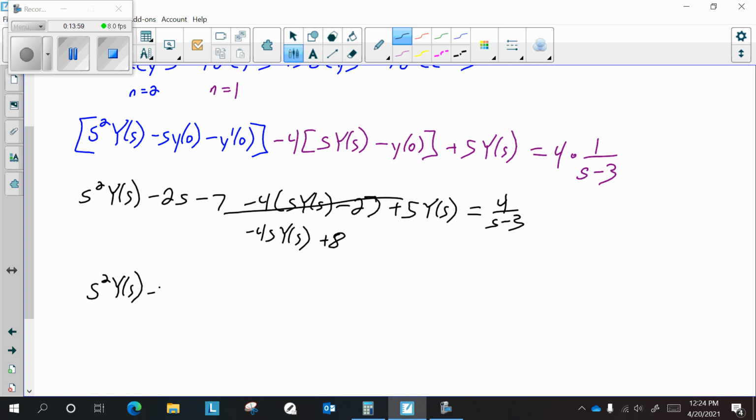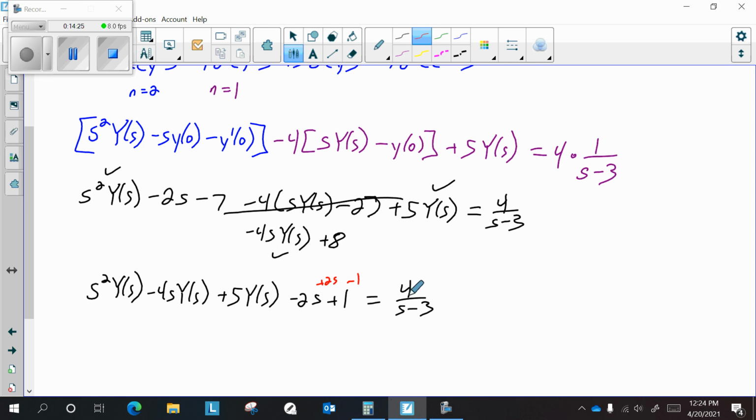We have a minus 4s that has a Y of s. And we have a plus 5Y of s. So that takes care of those. And then we have a minus 2s, and negative 7 plus 8 makes 1. So the terms that don't have a Y of s are these two.